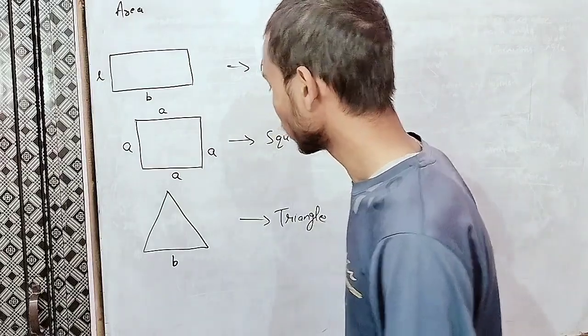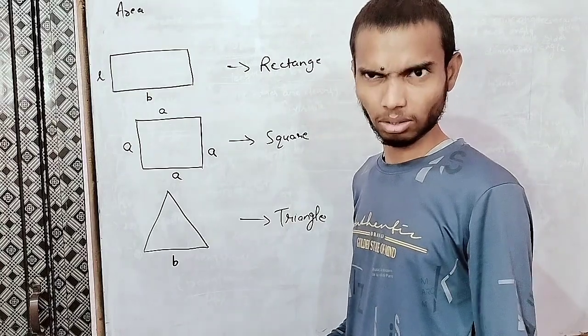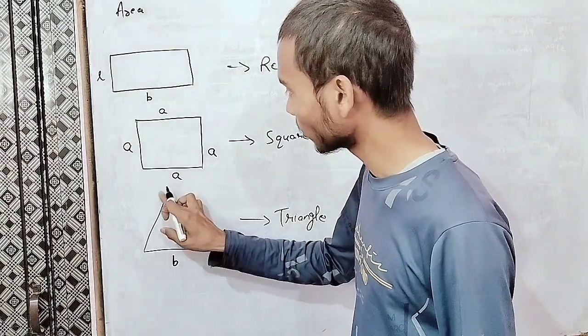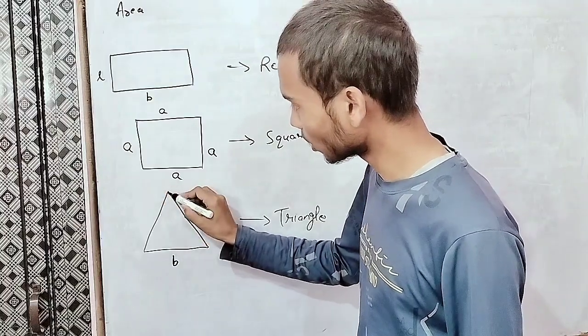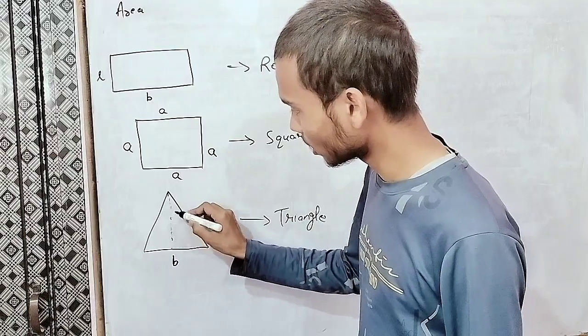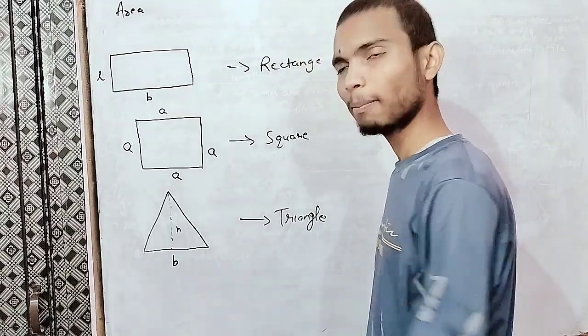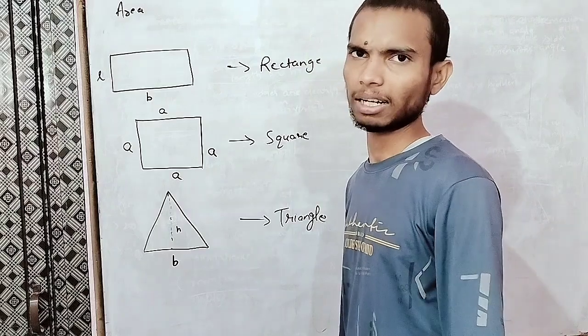If we don't have the length or height, then we draw an imaginary line which will be the height.